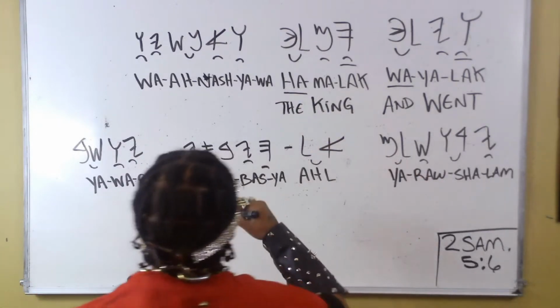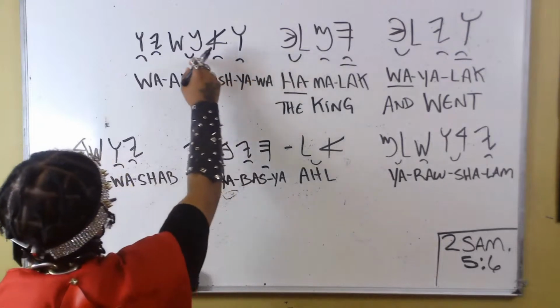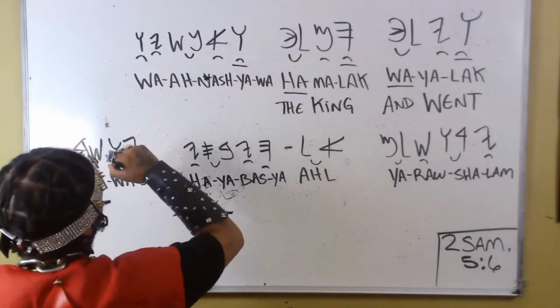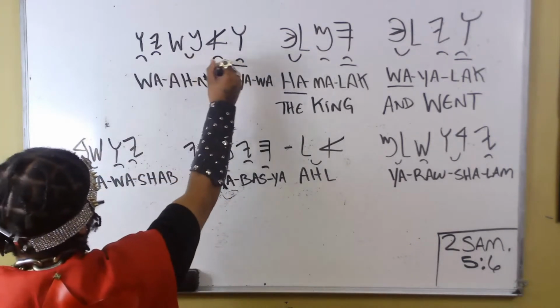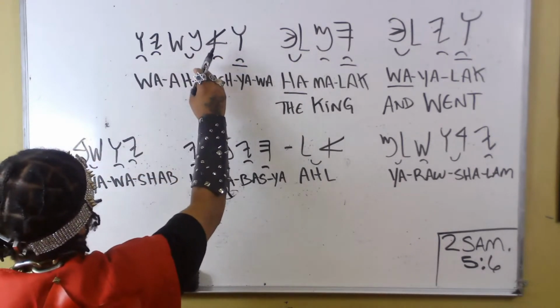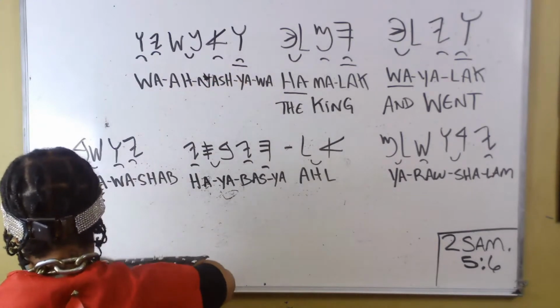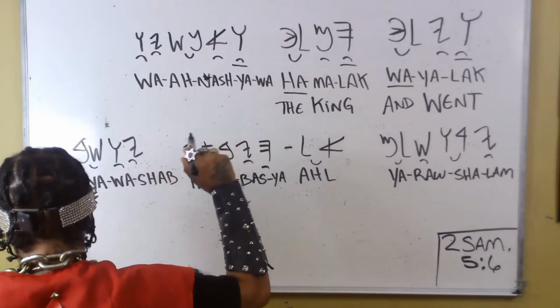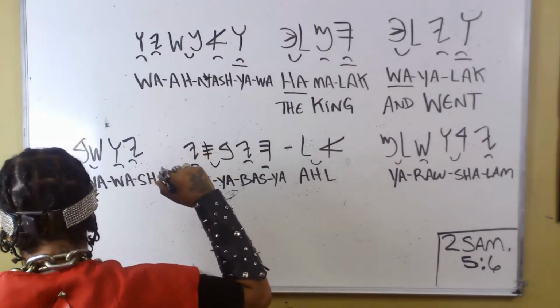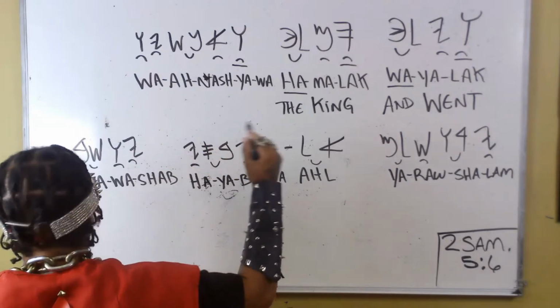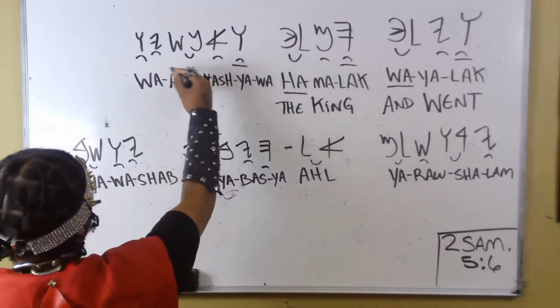Let's keep going. Wa anash yawa. You have the character wa at the beginning. Anash, if y'all didn't know, remember it was ayash. They used anash, which is the same thing as ayash.